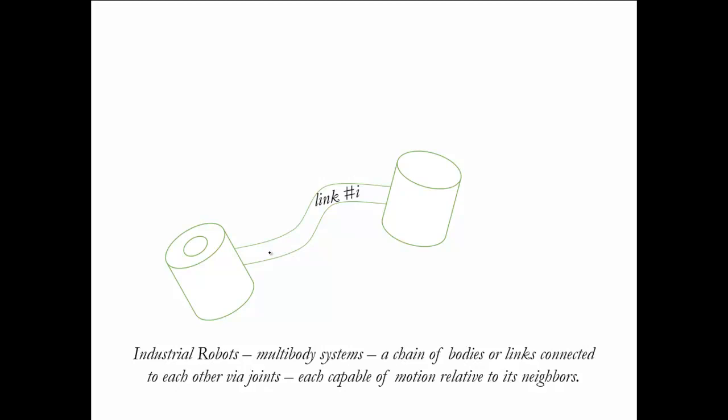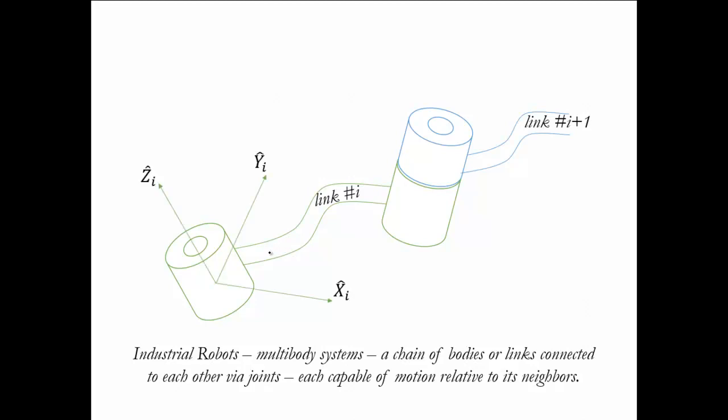Now let's assume this is an arbitrary link which has two ends for the joints. Now there is another link which is connected, so we call this link I and link I plus 1. Now let's attach frames to the links. So we have Z going along the axis, ZI. We'll use the notations by J.J. Craig.